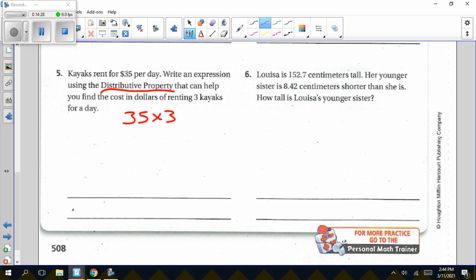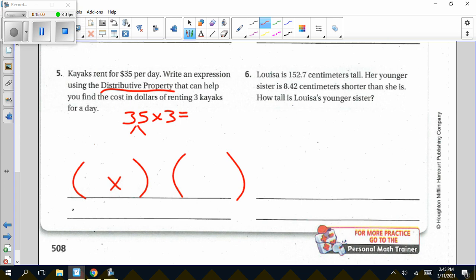So think about how I could break 35 apart so that I have a multiplication problem there, right? And then what else do you do to figure that out? It might be easiest to multiply 35 times 3 and then solve each of those answers on Schoology and see which answer gives you the same answer.